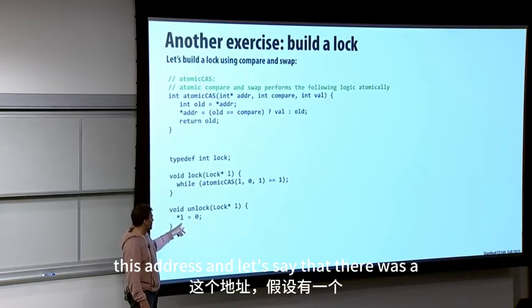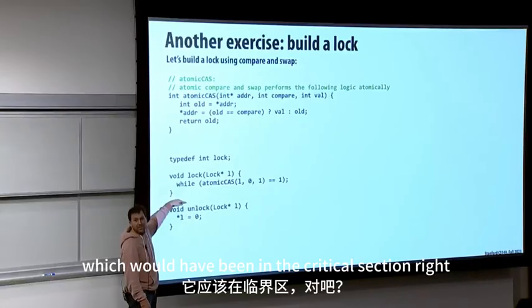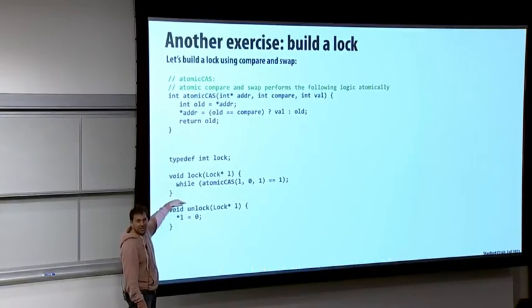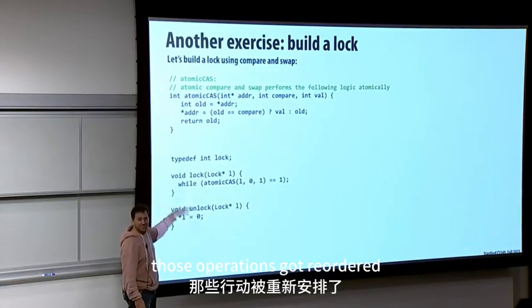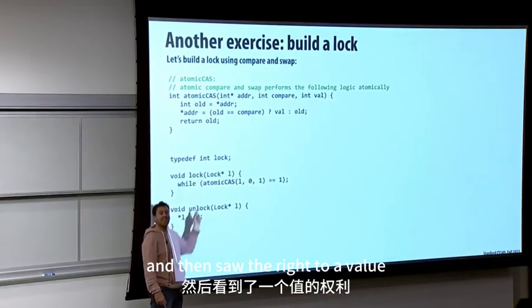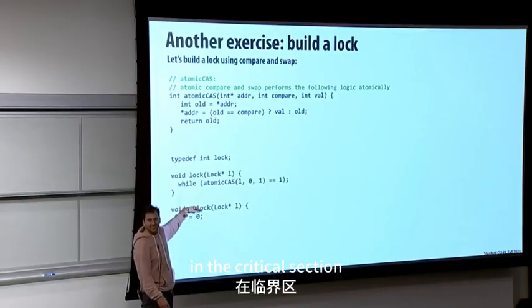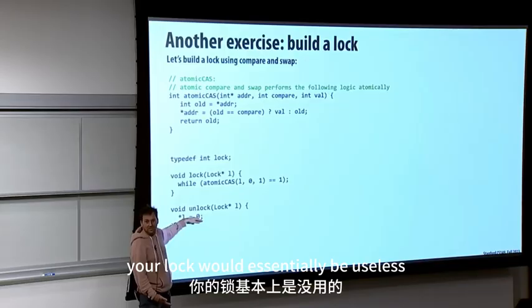And let's say there was an operation above this, which would have been in the critical section. Imagine if, due to relaxed ordering, those operations got reordered, so another processor saw the unlock and then saw the write to a value in the critical section. That would be very bad. Your lock would essentially be useless.